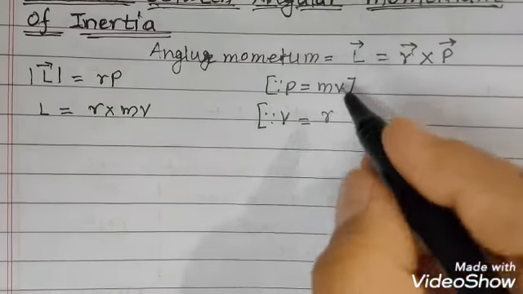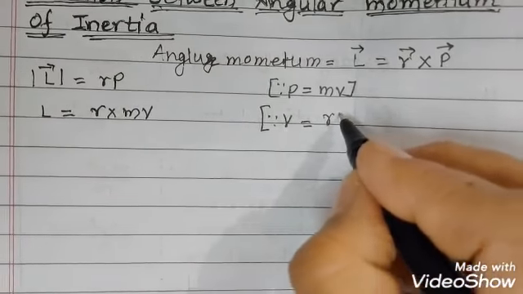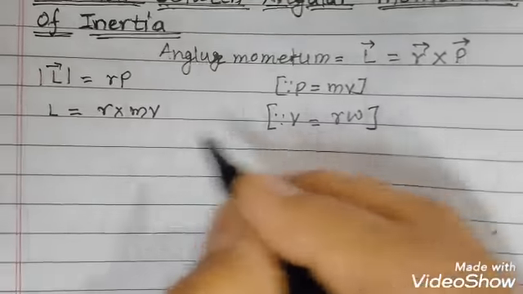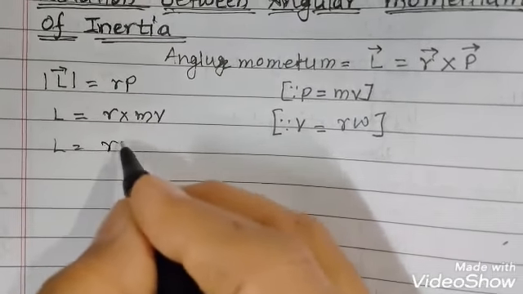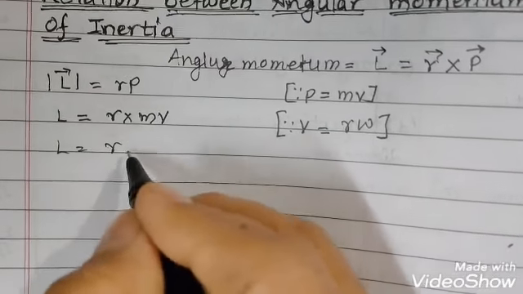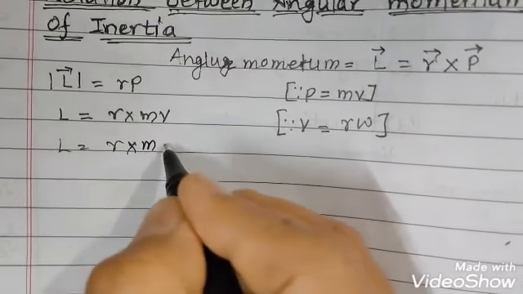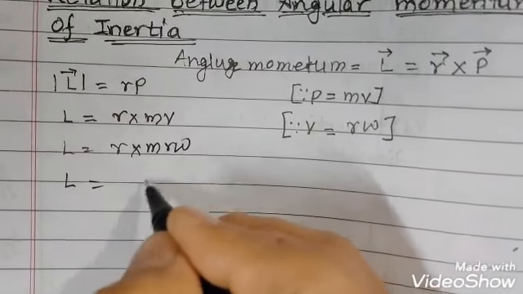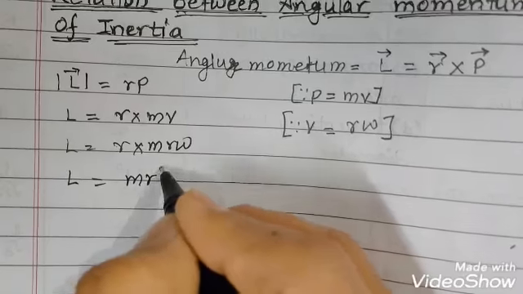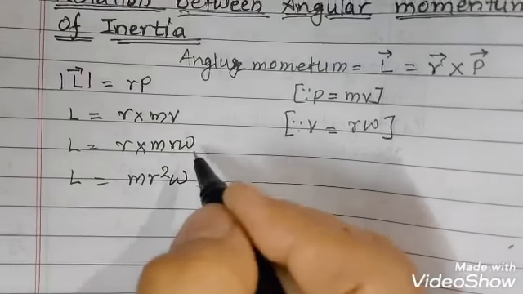So v is equal to r omega. Now we place the value of linear velocity v with r omega, so the angular momentum is now equal to m r square omega.